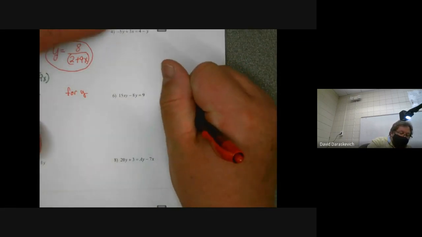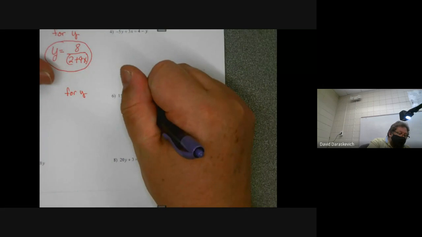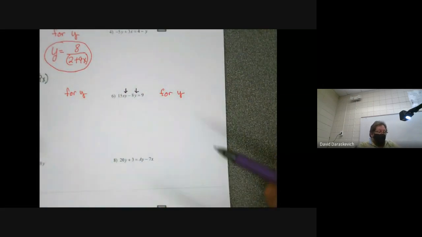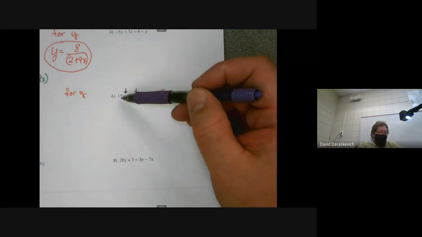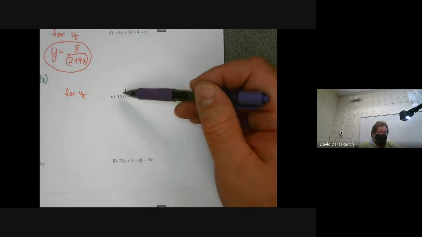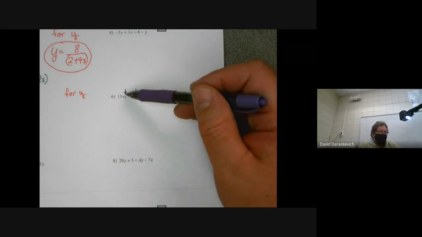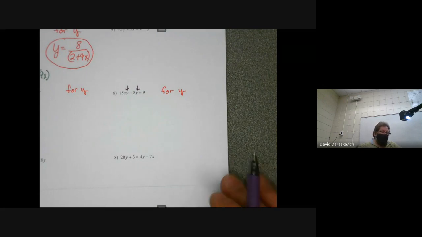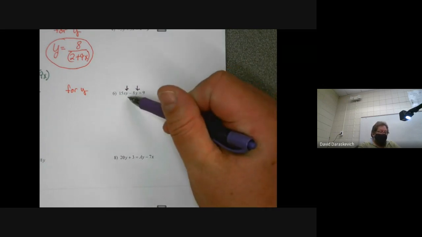So again, we're going to go for y. Same thing. I have y in 2 terms. Okay. I can't combine these two. In other words, I can't subtract 8y from 15xy because they are not like terms. Please don't put 7xy down.